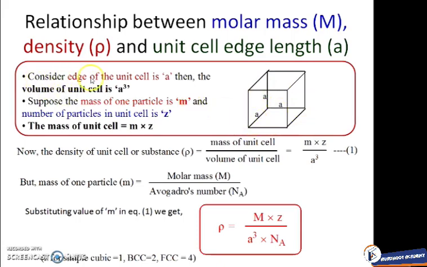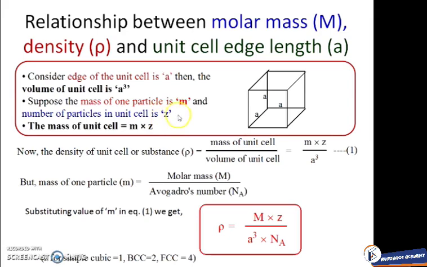So consider the edge of the unit cell a, then the volume of the unit cell becomes a cube. Now suppose the mass of one particle is m. Particle means atom, ion, like that. So the mass of one particle is m, and the number of particles present in the unit cell is equal to z.